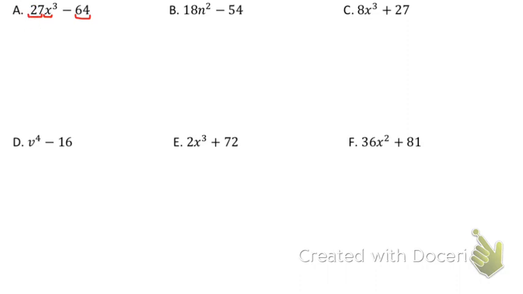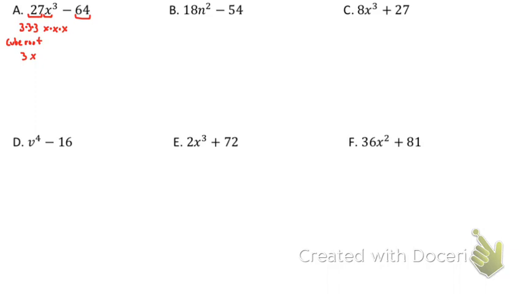And that number is going to be 3 times 3 times 3. So the cube root of 27 is 3. Okay? Same thing goes for x. What can we multiply to itself 3 times that will equal x to the third? That's going to be x times x times x. So the cube root of x to the third is x.